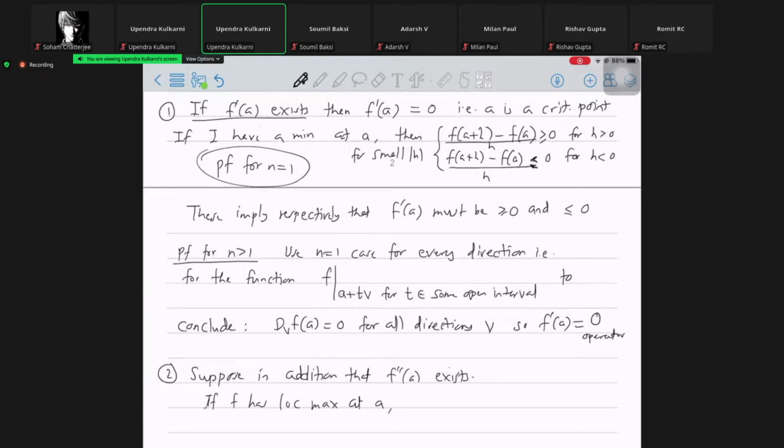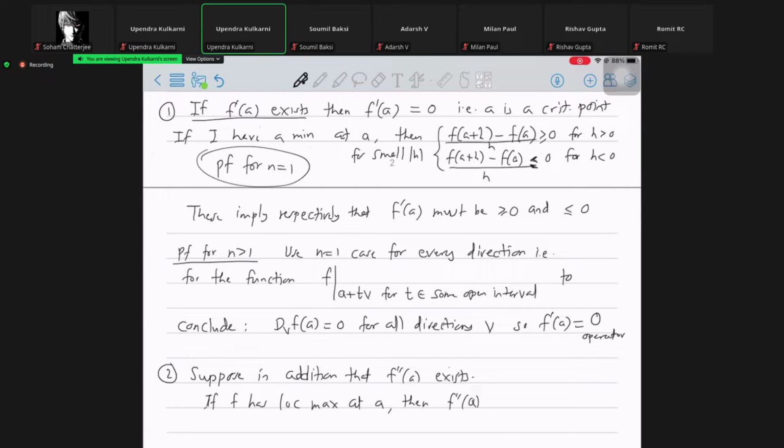Then what can I say about the double derivative? Similarly, if we consider the directions and use the n equal to 1 case, then we get that for a set of basis vectors, this will be negative.